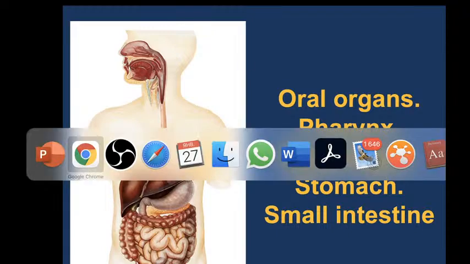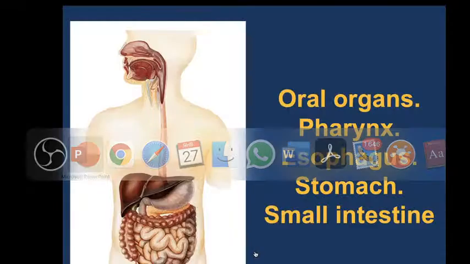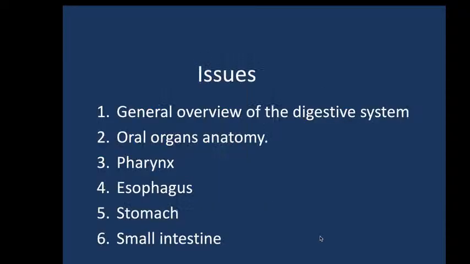Okay, and we will talk about a general overview of the digestive system, and then step by step we'll talk about oral organs, pharynx, esophagus, stomach, and small intestine.